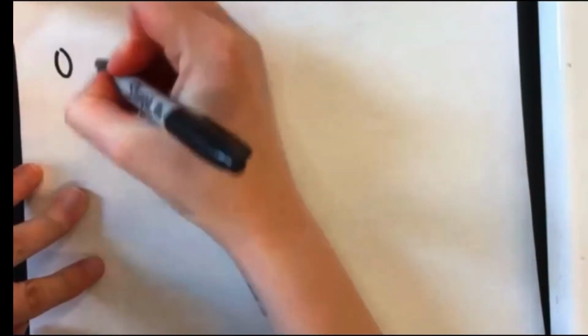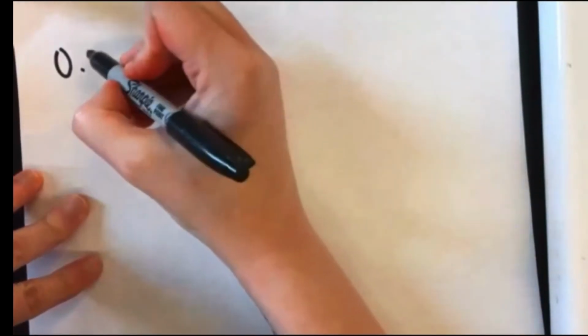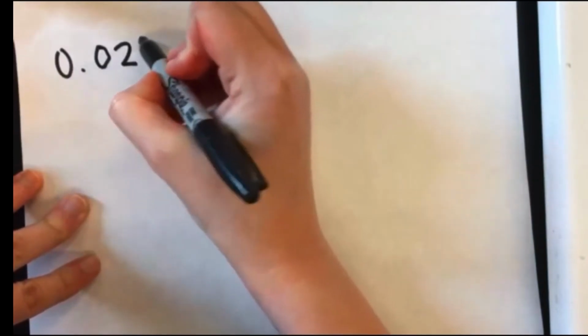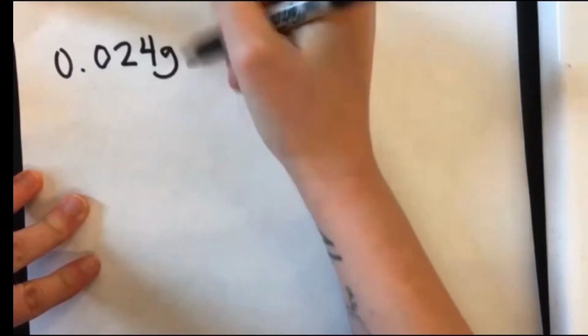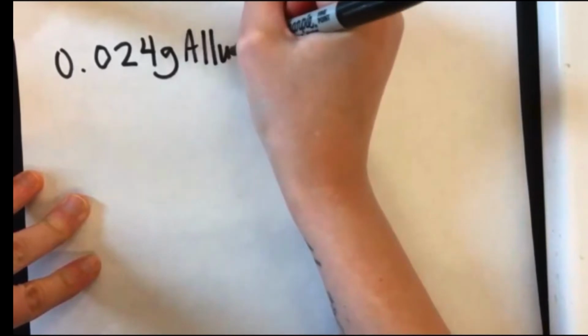Okay, as promised, I'm going to walk you through calculating the molarity of the stock solution, and then I'll let you go ahead and calculate the molarity of the 4 dilutions before we move on. So we had, since I did less volume, this was the number of grams of Allura Red we had.